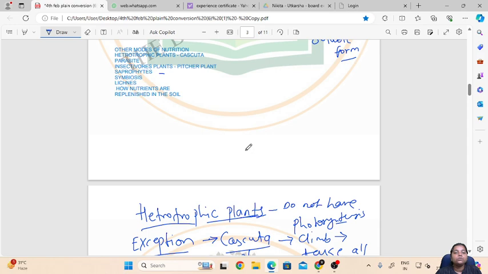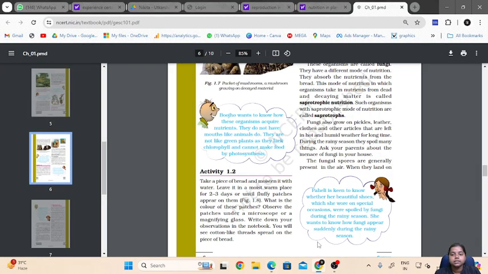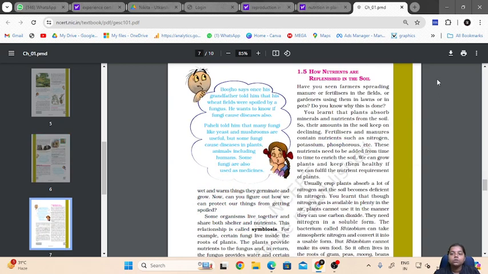How nutrients are replenished in the soil, that we will study from NCERT directly. We know that nitrogen is present in the atmosphere, but plants cannot absorb it directly, correct. It needs to be converted into soluble form, and only after that can the plants absorb it.